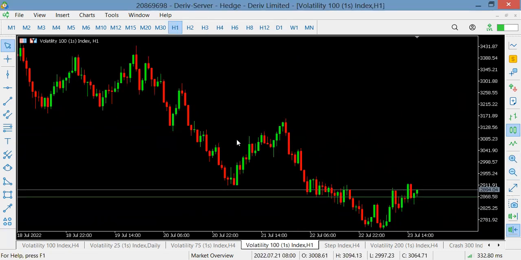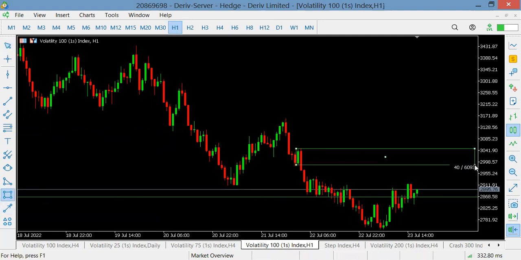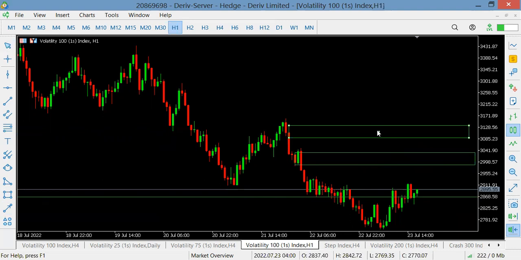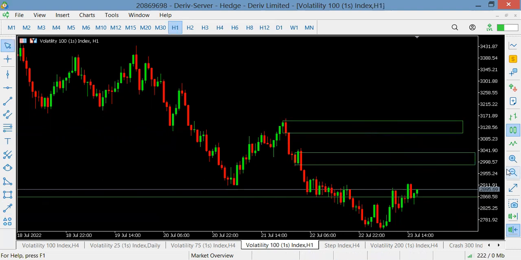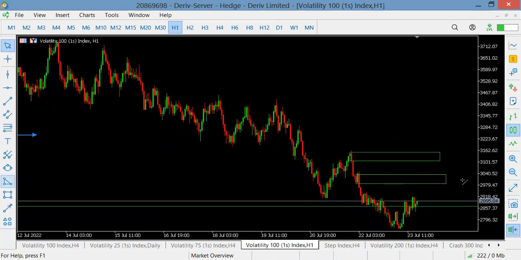So based on what price is doing right now, we might be seeing VIX 101S buy into the zone and then continue short to the downside.